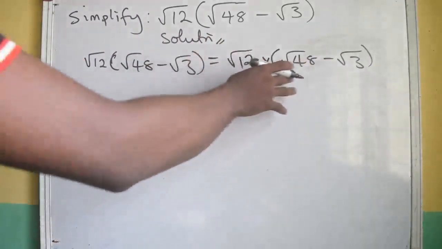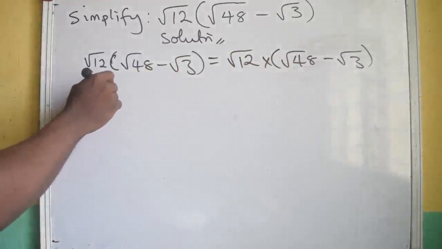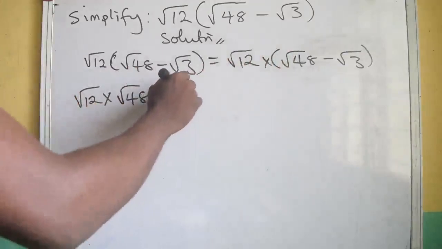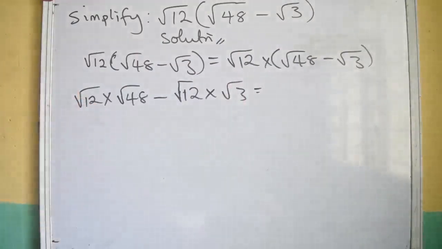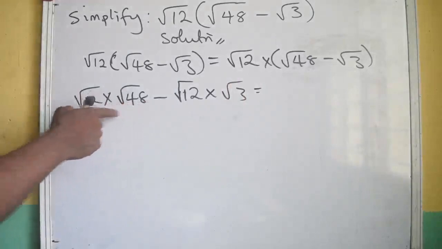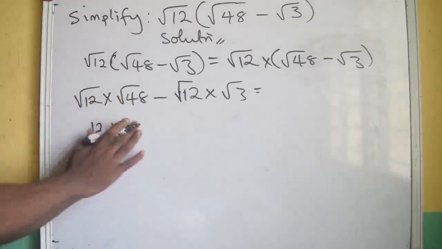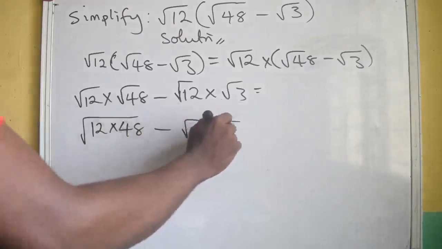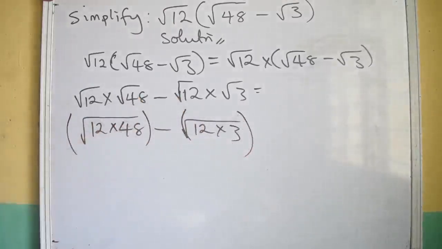Even before then, if I go down, this is something like saying root of 12 times root of 48, minus root of 12 times root of 3, which will give us the square root of 12 times 48, all in square root, minus the square root of 12 times 3. I can put brackets here to help myself.